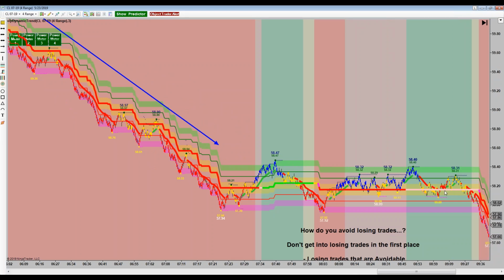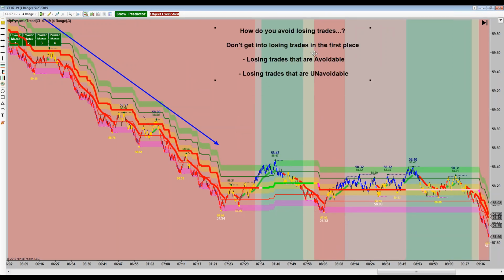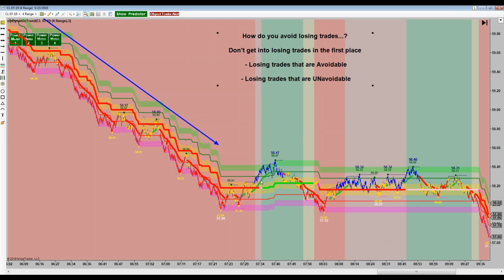Here's a good example of a sideways market right here on crude from basically about 7:38 until about 9:30. It's really not going up and it's not going down, and the mid-band is flat and all the bands are flat and going sideways.